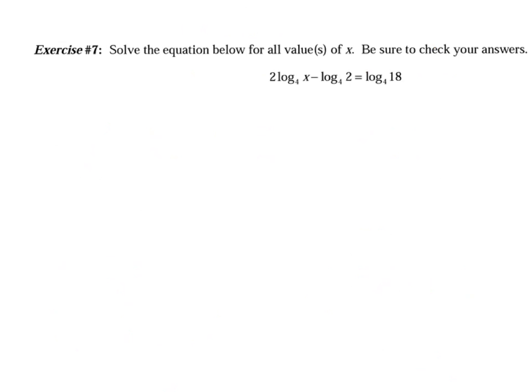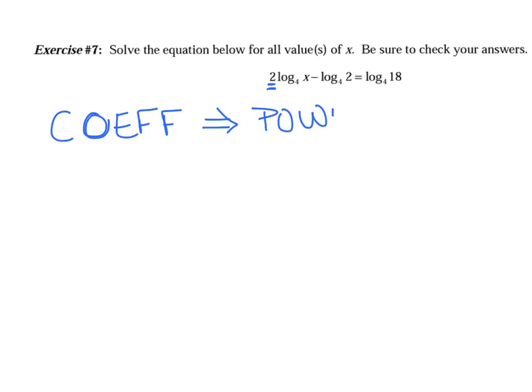All right, our very last one tonight is by far the most challenging one. We're going to sprinkle in a few new tricks and take some monster notes here. Do you see this coefficient right here? That's probably the number one thing that I want you to see. And when you see that coefficient, what you're going to tell yourself is we have to use the power rule right away.